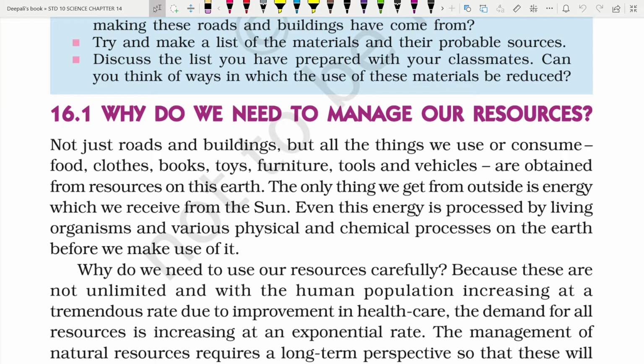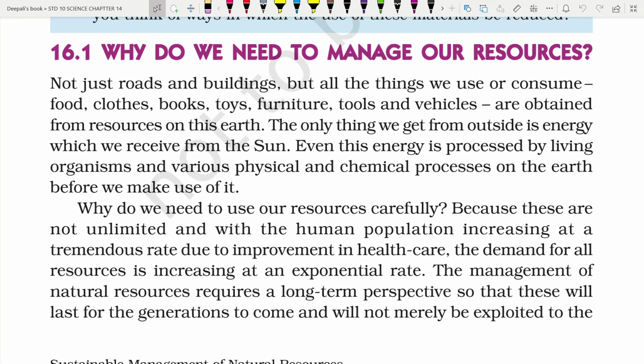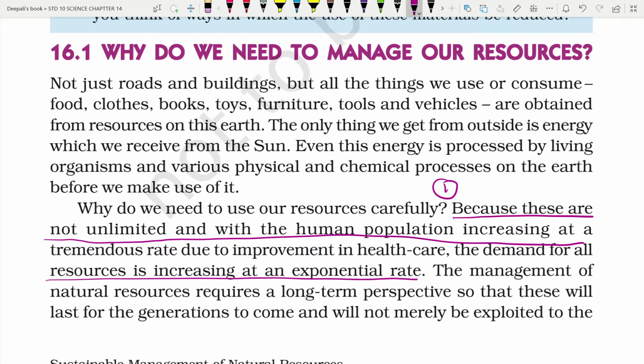So why do we use our resources carefully? Because they are not unlimited, and with the human population increasing at a tremendous rate due to improvement in healthcare, the demand of all resources is increasing at an exponential rate. So the first reason for managing the resources is they are not unlimited and the human population is increasing, and to meet this demand the resources have to be increased as it is increasing at an exponential rate.